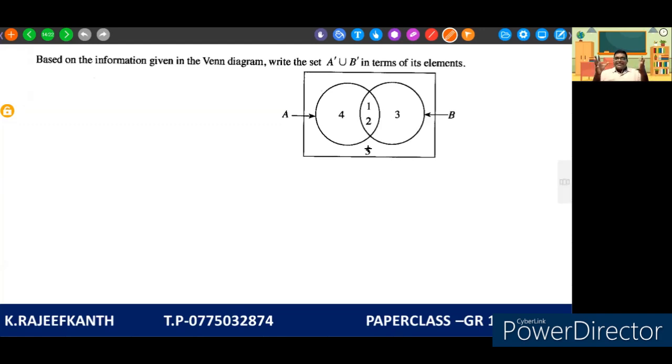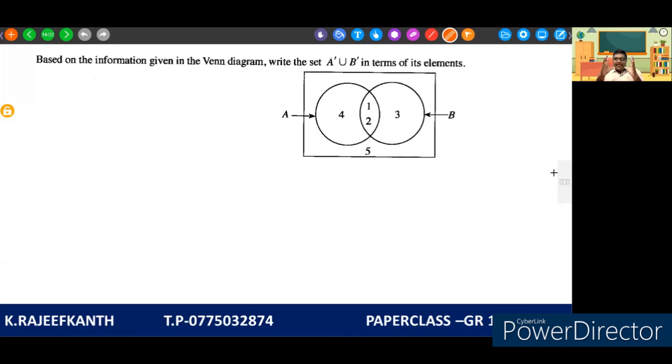Here they have given in set A, the elements are 1, 2, 4. In set B, 1, 2, and 3 are there. Then outside of those two sets, that means A union B whole thing dash is 5. So by using these elements, we have to write the elements of the set A dash union B dash.